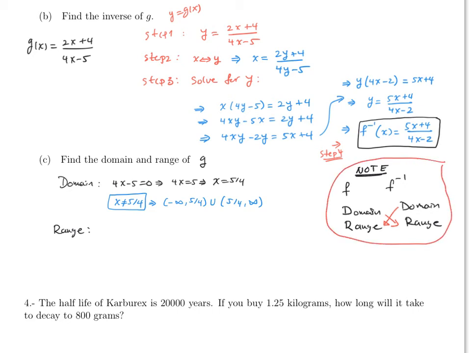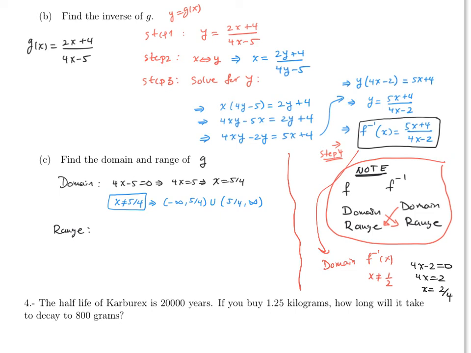Now here where we have the inverse, the domain of this one is going to be the range of this one. And from here, you can tell right away that for the domain of f inverse, x cannot be 1/2. Why? Because 4x minus 2 equals 0, or 4x equals 2, or x equals 2/4, which is 1/2.